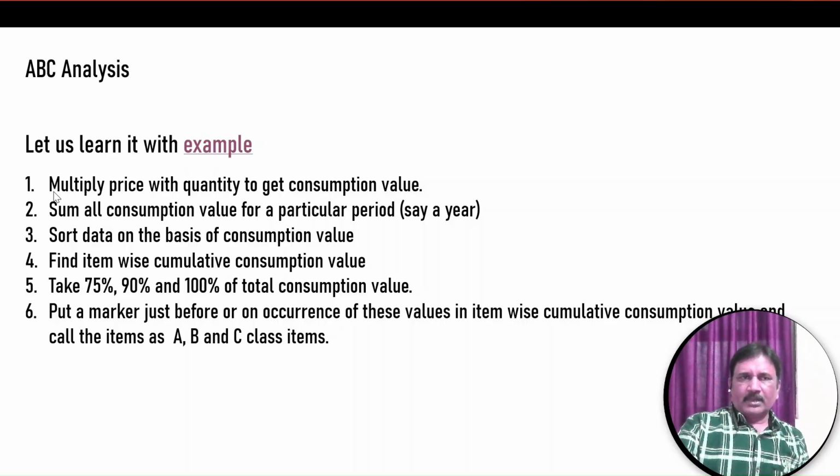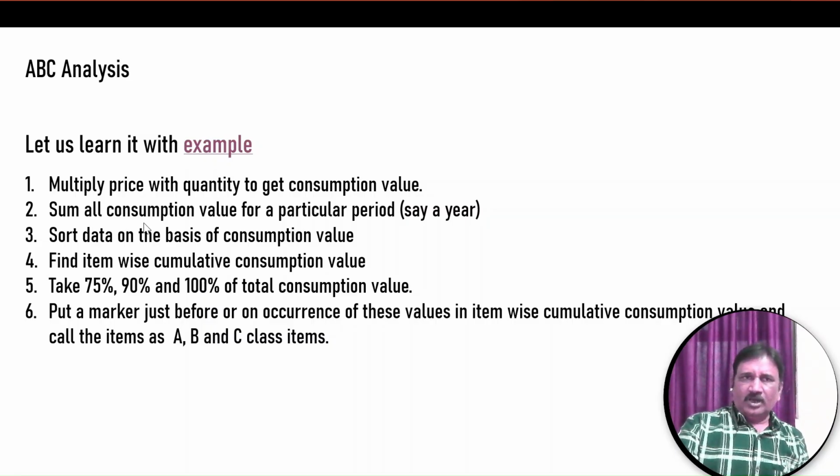The process is to multiply price with the quantity to get consumption value. The quantity consumed in a year is to be multiplied by the price of that corresponding item to get the consumption value of that item.